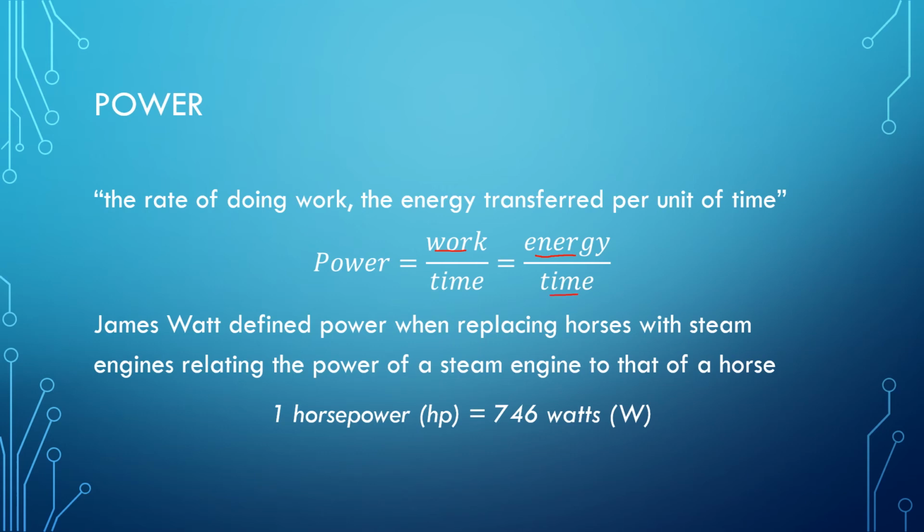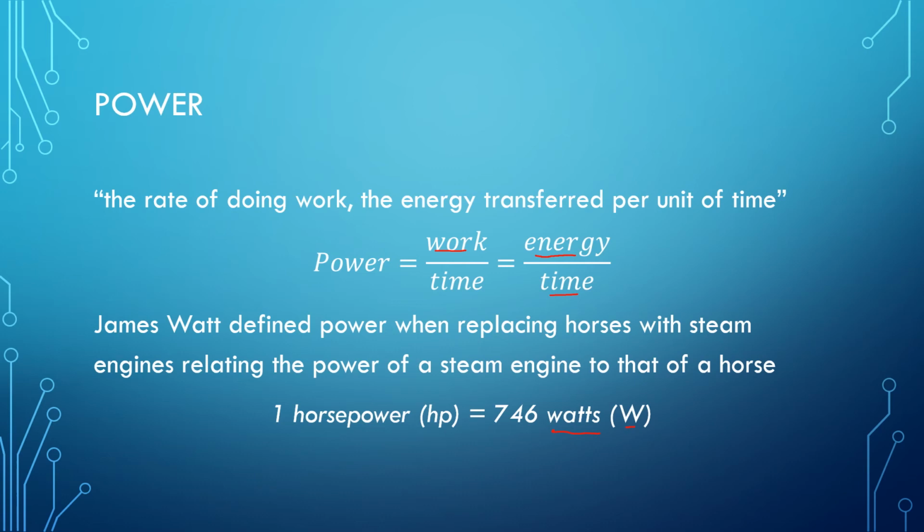James Watt defined power when he replaced horses with steam engines. So when we calculate power using this equation, it will be in watts after James Watt, just capital W for watts.